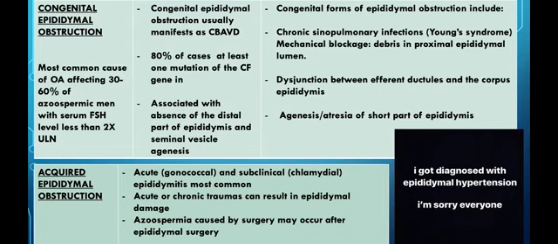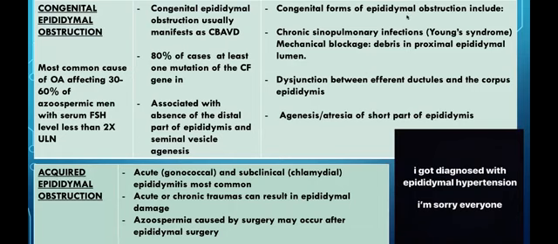It's also associated with absence of the distal part of the epididymis, as well as seminal vesicle agenesis. So when one feels this abnormality in the epididymis and does a transrectal ultrasound, you might only find one seminal vesicle.